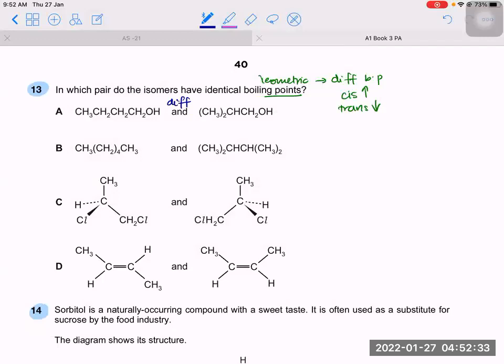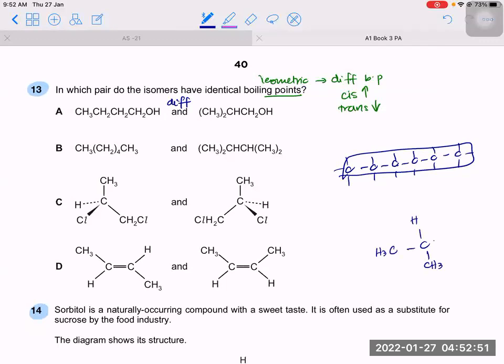Then you have CH3, CH2, CH2, CH2, CH2, and a CH3. This is what? Hexane. And then you have a CH with 2 CH3s. This is probably a branch, yes? A CH with a CH, CH with 2 CH3s, like this.